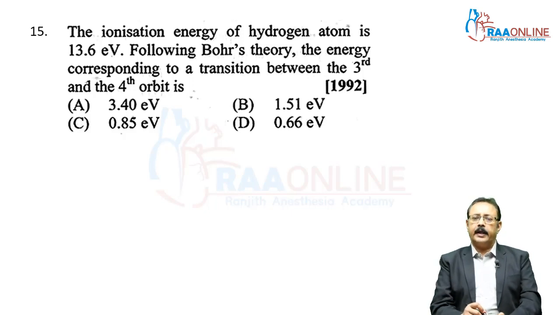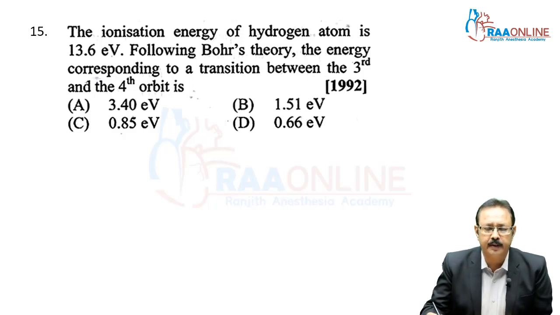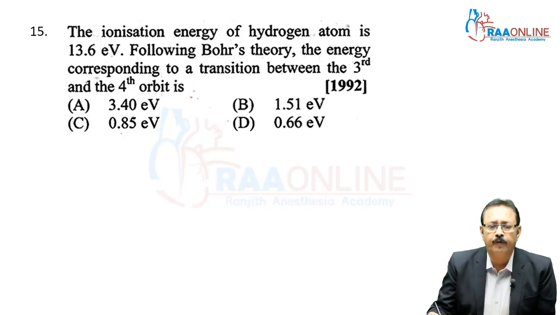15th, it is from 1992 AIPMT. The ionization energy of hydrogen atom is 13.6 electron volt. The energy corresponding to a transition between the third and the fourth orbit is, ionization energy means energy to remove an electron from the first orbit.